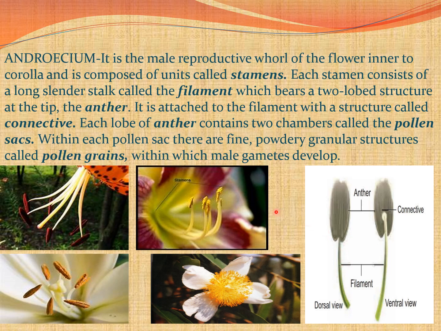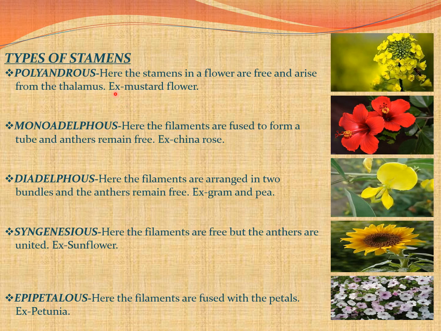Now you can see the examples given there, the different types of flowers shown here. These are called the stamens: anther, filament. A collection of stamens is the androecium. Types of stamens. Some stamens are free and arise from the thalamus as in mustard.